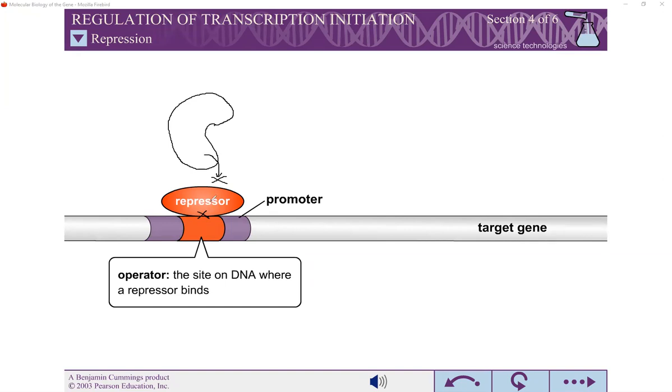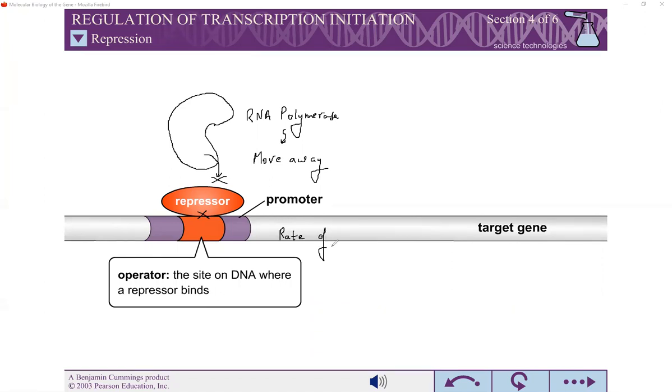So the promoter is going to bind only to the repressor. They are in a relationship, so the RNA polymerase cannot bind, and it is going to move away. There is no binding. As there is no binding, the rate of transcription is decreased.